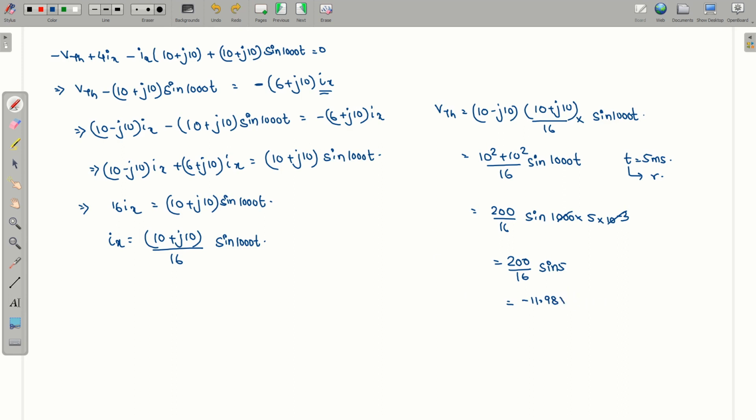One thing to remember over here is that when you are calculating this, make sure the mode of your calculator is set to radian, not degree. So let me tell you that also.